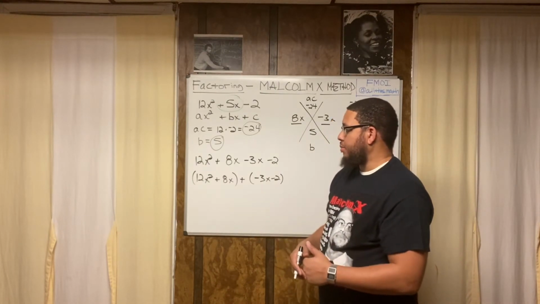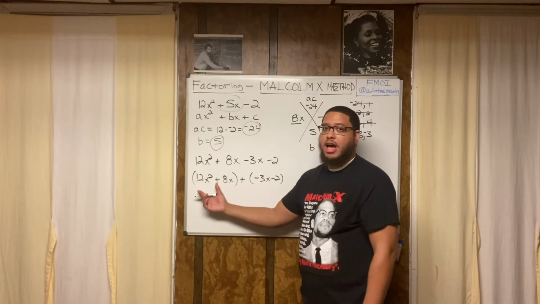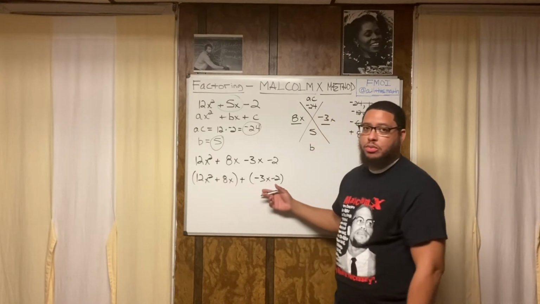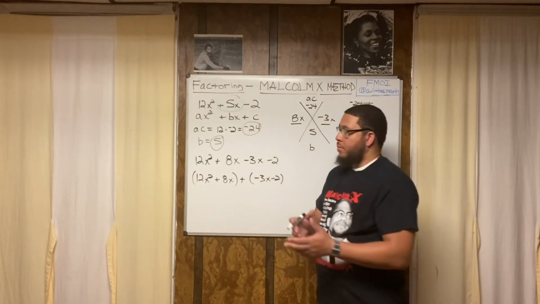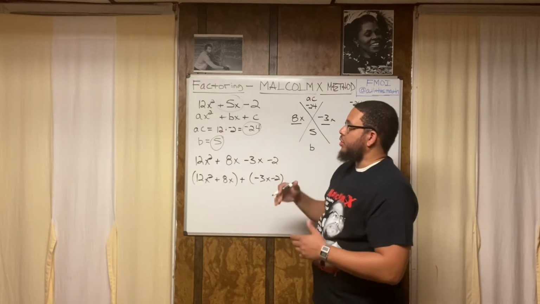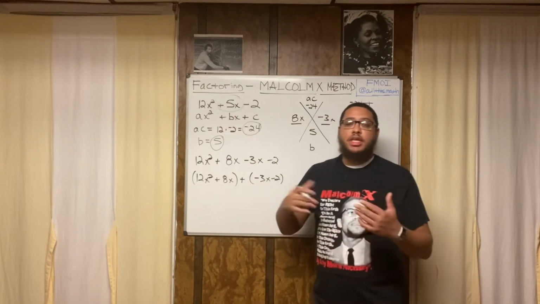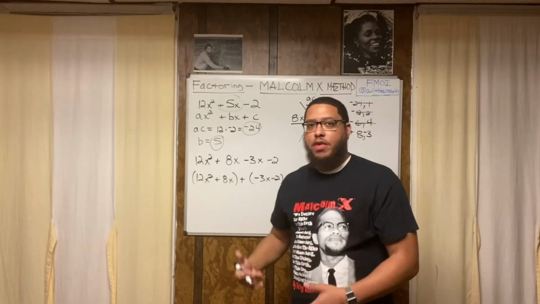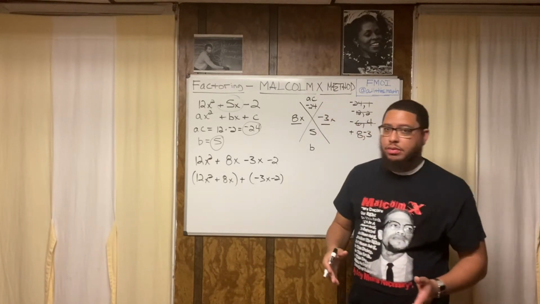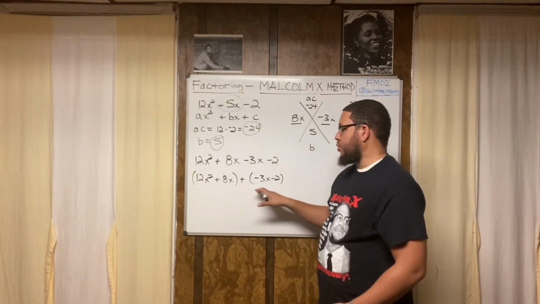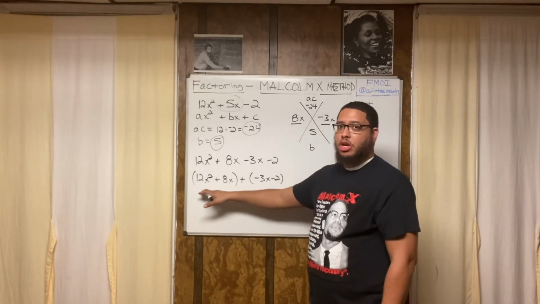So our next step is going to be to take out a greatest common factor from each of these binomials. Hopefully, before you start trying to factor quadratic trinomials, you already have learned how to factor out the greatest common factor from any type of polynomial, whether it be a binomial, like these two, which have two terms in them.